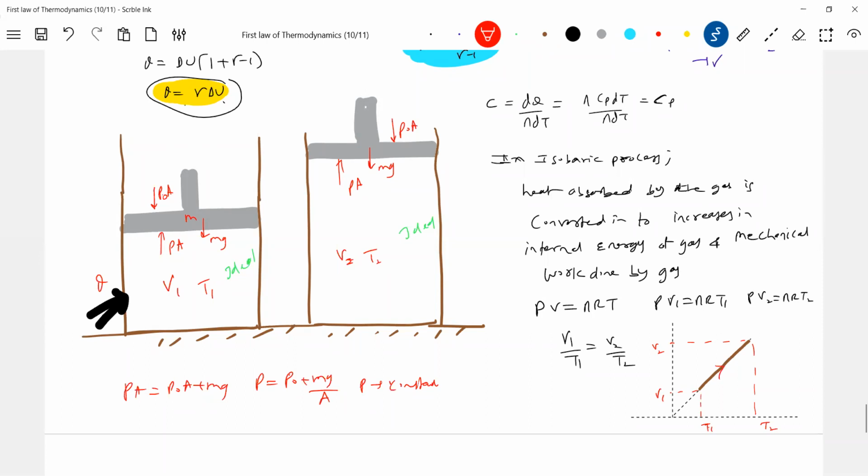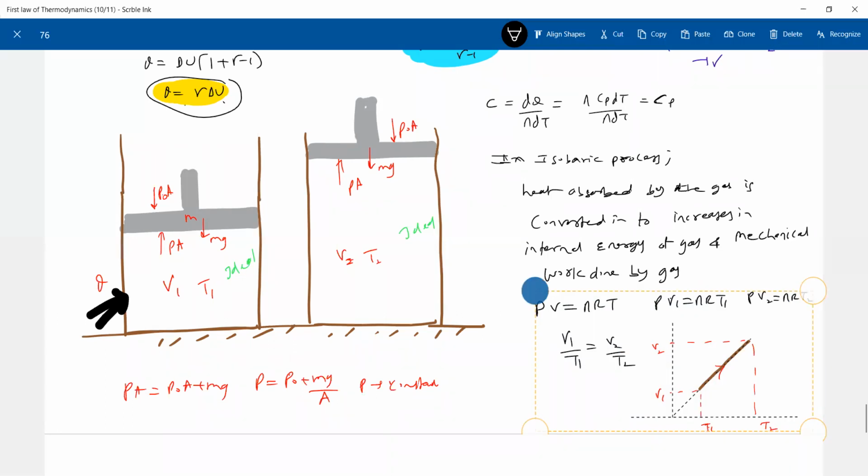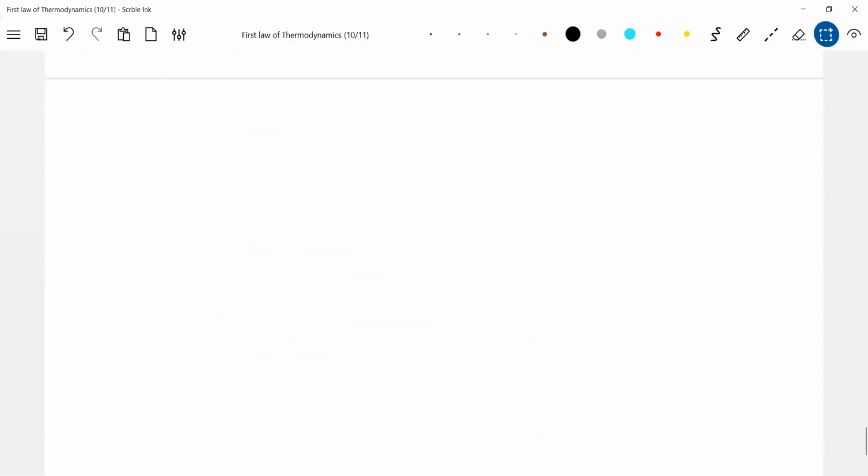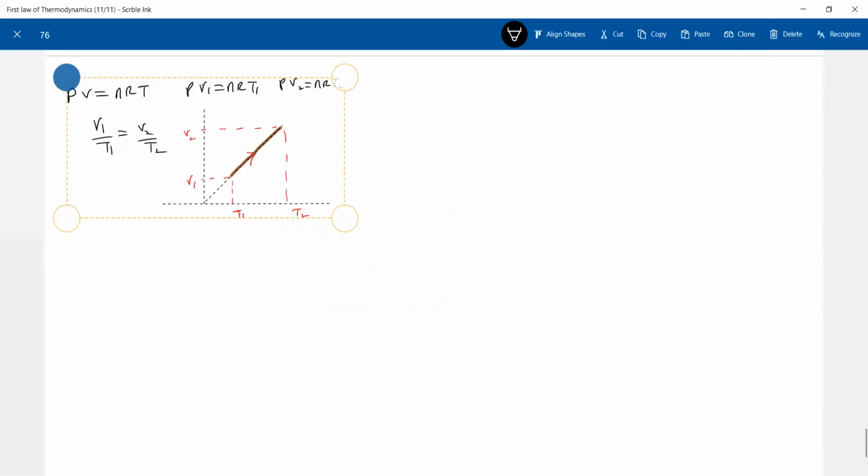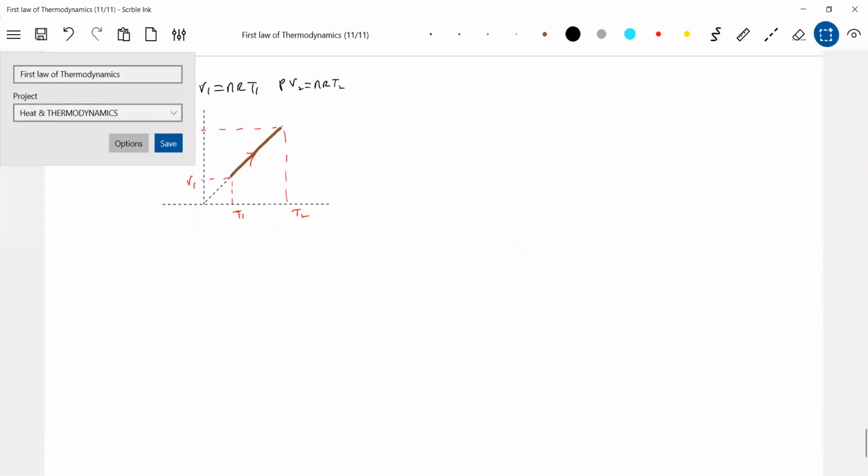Different types of graphs. PV graph we have seen. There's a VT graph. Let me put all the graphs at one place, it'll be easy for you, for comparison.